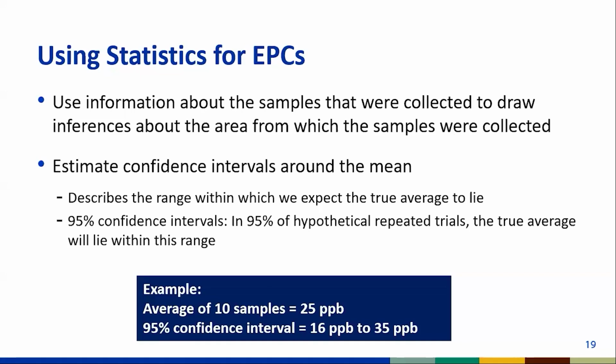Therefore, 35 ppb provides a conservative and upper bound estimate of the true mean. If the range was wider, we would have less confidence in the results. If the range was narrower, we would have more confidence in the results. In fact, the width of the 95% confidence interval depends on the number of samples and the variability of sampling results. And this is related to the data distribution.